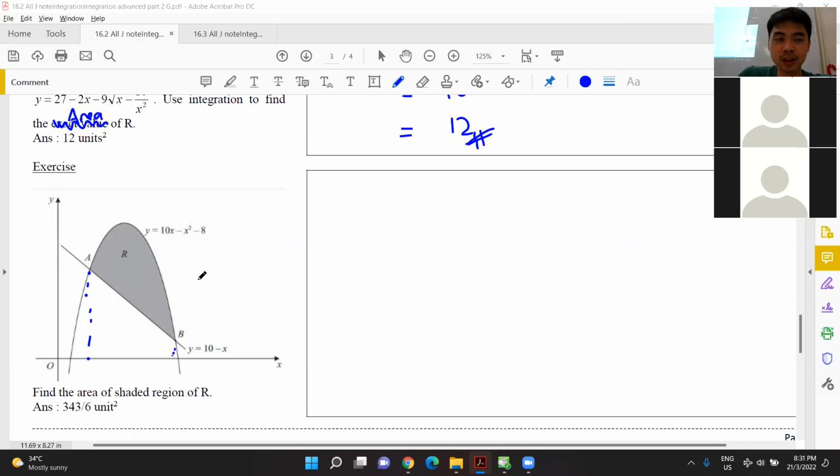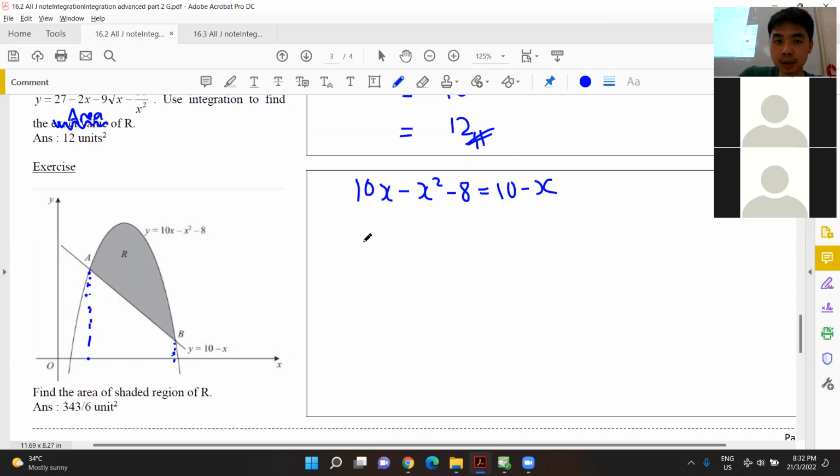First, looking at this question, what you need to do is solve the simultaneous equation to get your limits here. 10x minus x squared minus 8 is equal to y equals 10 minus x.